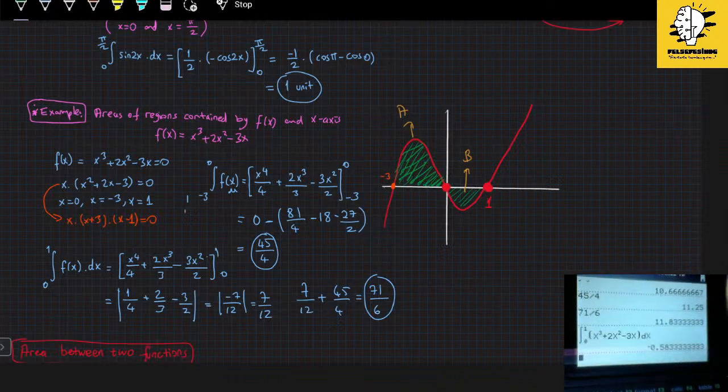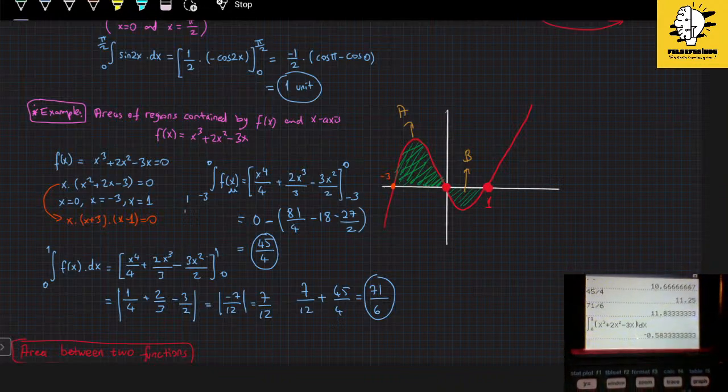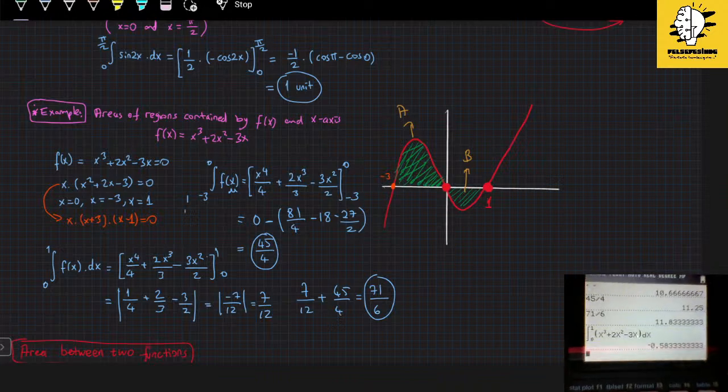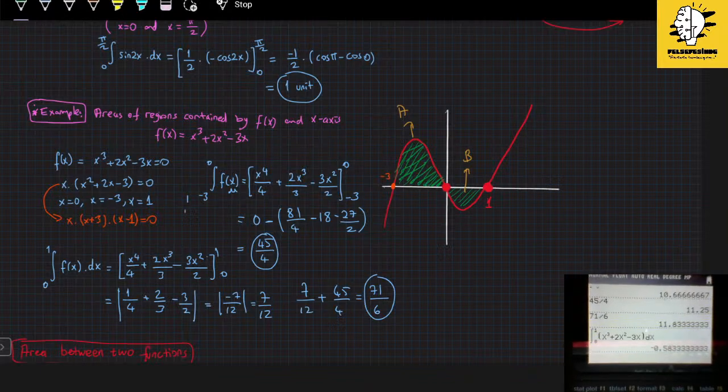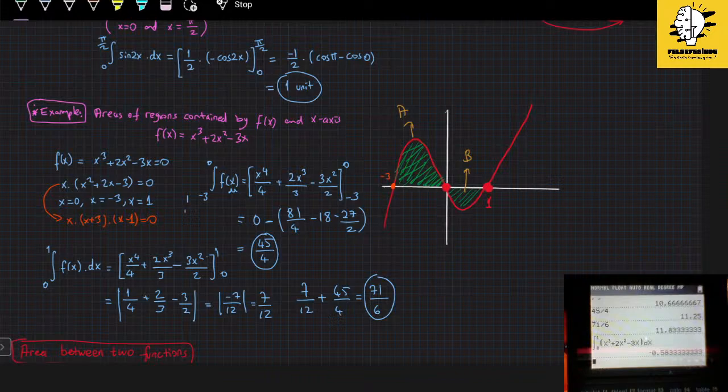I took the integral between 0 and 1, the point where Ege identified as B, being negative, and it is 0.583, and this is exactly the difference between Ege's and the real result.